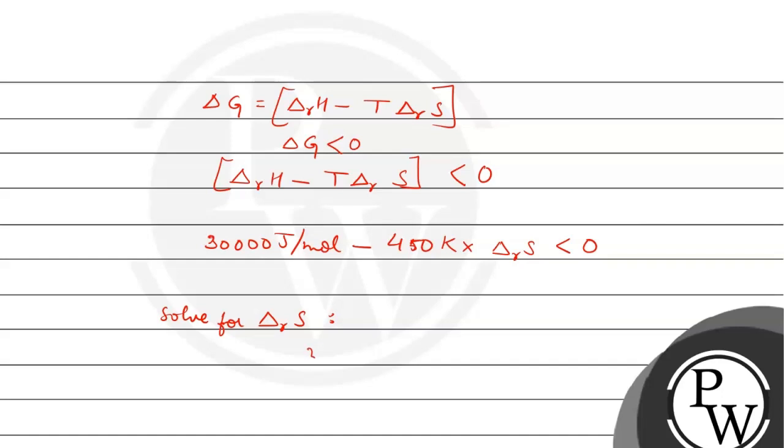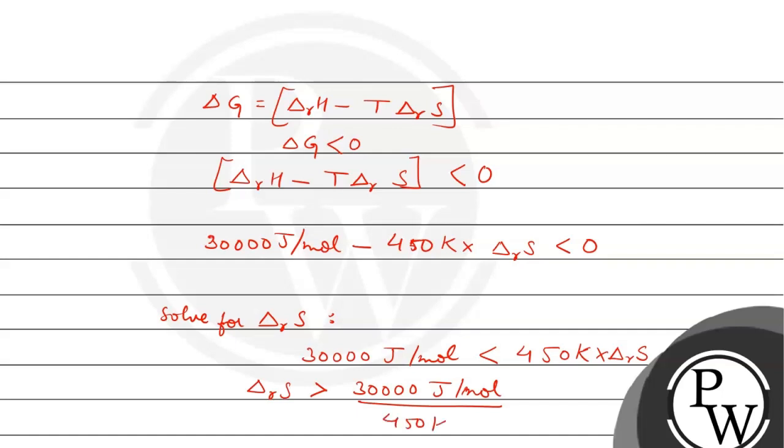If we rearrange that, we can write 30,000 joule per mole is less than 450 Kelvin into delta Rs, since this value is brought down to the right-hand side. It was minus on the left-hand side, and brought here it becomes positive. So now we can write delta Rs is greater than 30,000 joule per mole divided by 450 Kelvin.